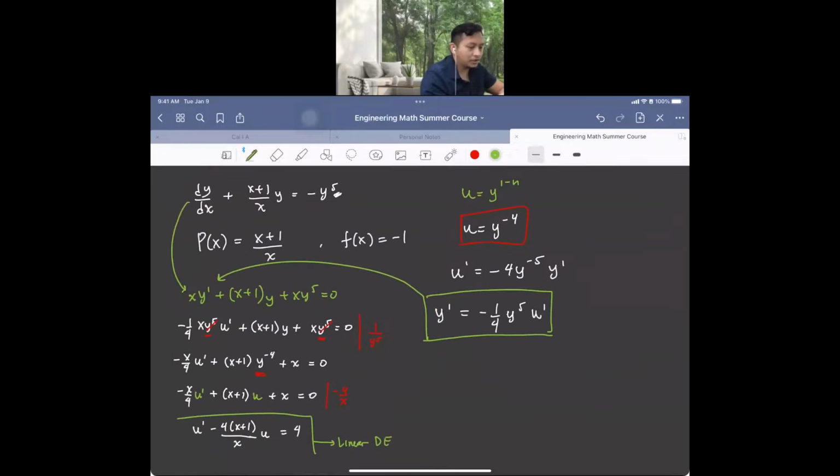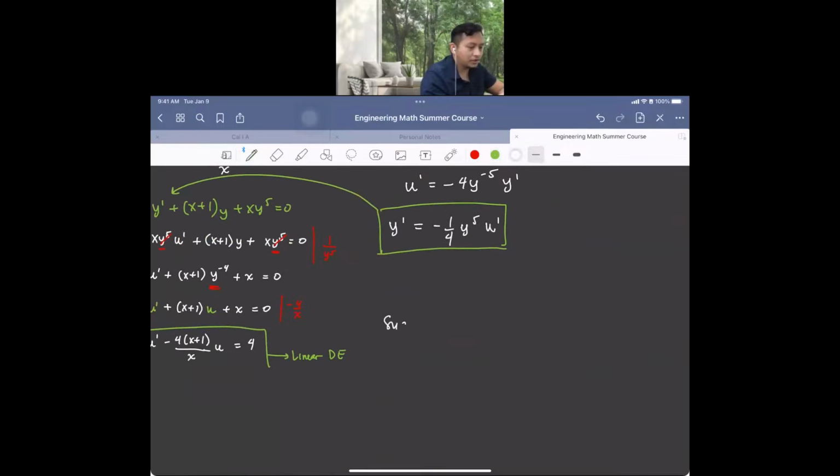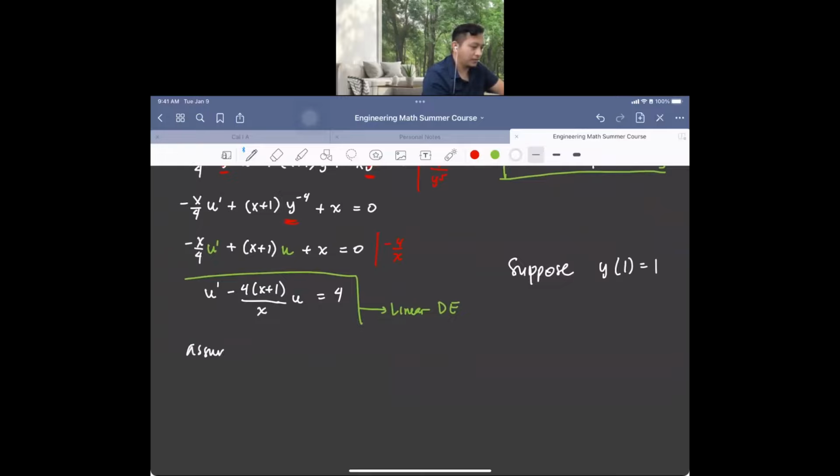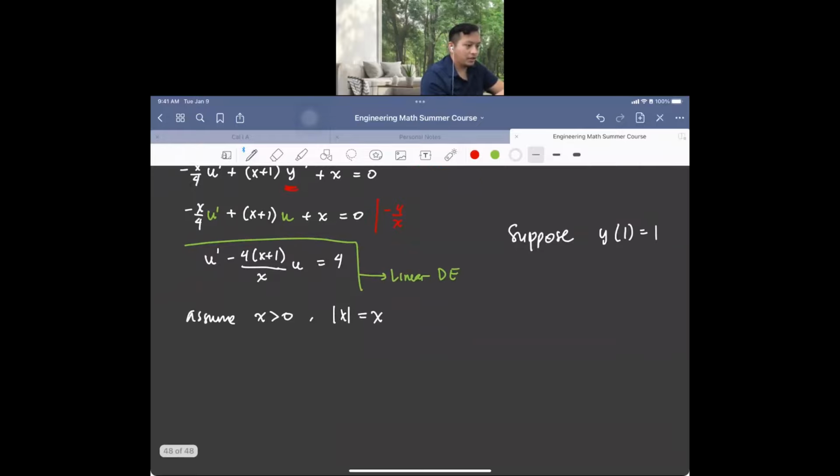And suppose that the initial condition is at (1, 1), which is in the positive terms. So assume x is positive, so all the absolute values will just equal x.